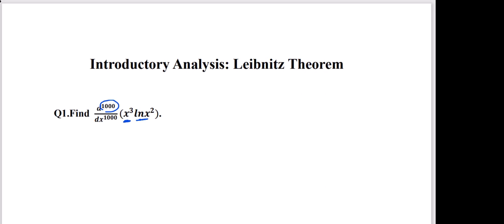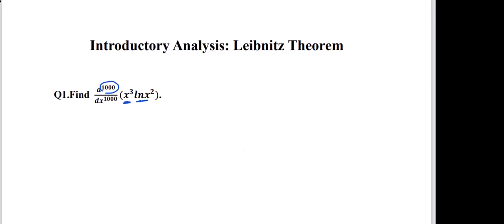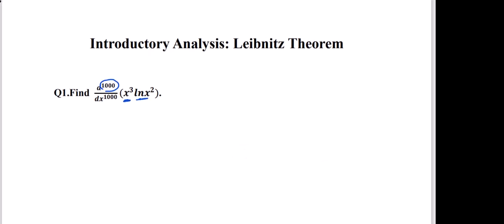So Leibniz helps us to be able to differentiate this kind of functions a higher number of times, so to take higher derivatives of the product of two functions. So before we look at this, you must have gone through higher derivatives of some specific functions.